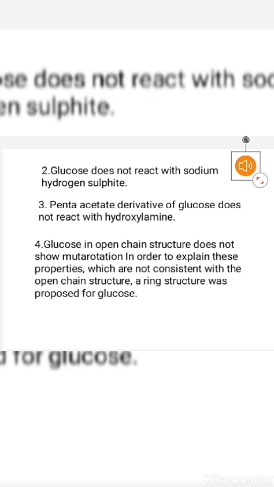Glucose cannot react with 2,4-DNP or sodium bisulfite, while other aldehydes can. Its pentaacetate form cannot react with hydroxylamine, and even its linear structure cannot show mutarotation, meaning no change in optical activity. It means glucose has some other structure as well.